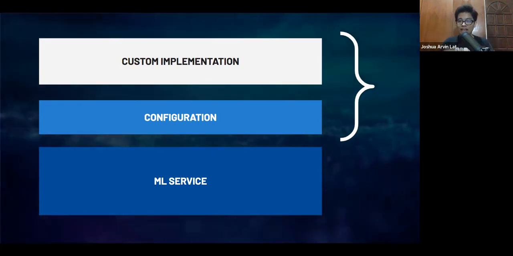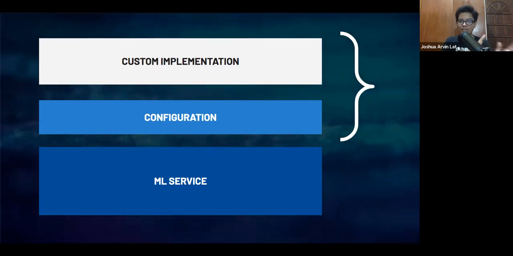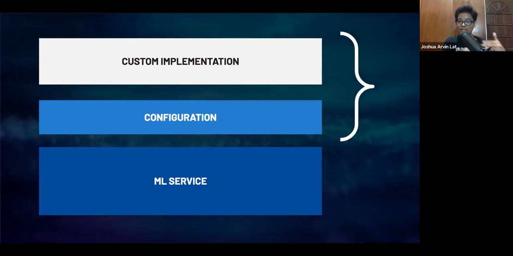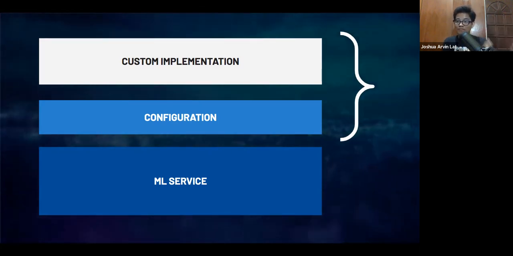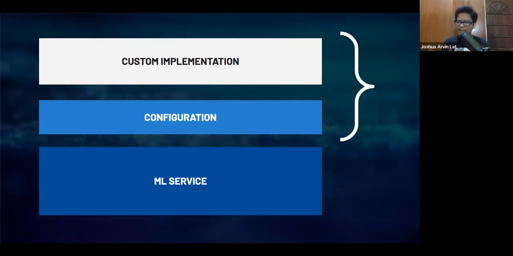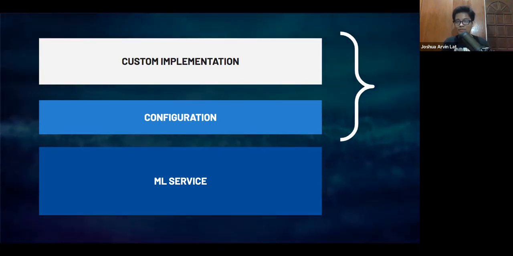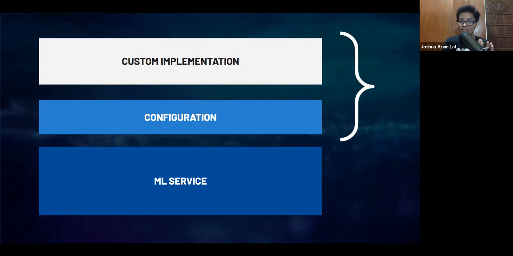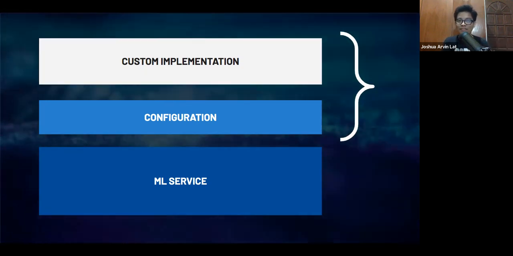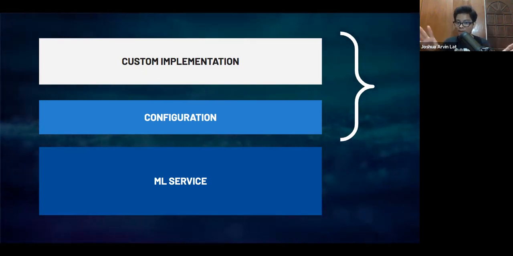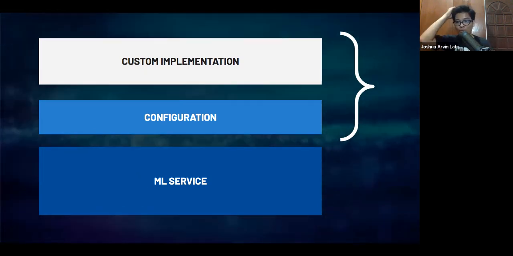If you did not use an ML service, let's say you have a server, a blank server, and you were to write your own custom set of scripts, of course, you have to manage the scaling part, you have to manage the different configuration parameters there. So that would be okay as long as you have DevOps experience or you have the developer or engineering experience. So if you're a data scientist, maybe the ML service option would do the trick for you.